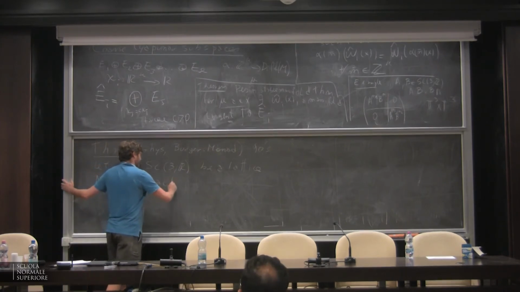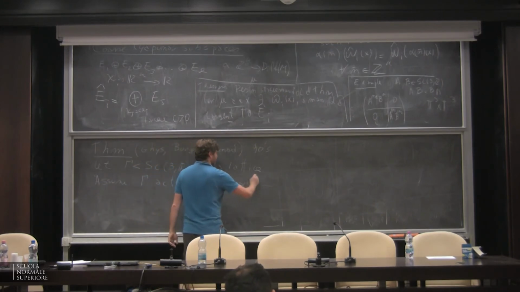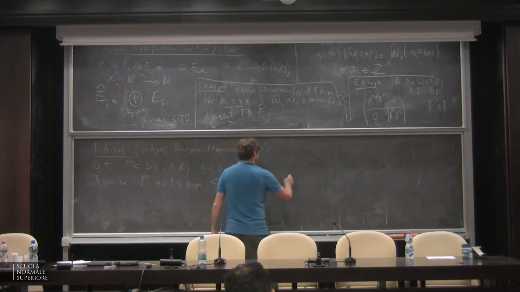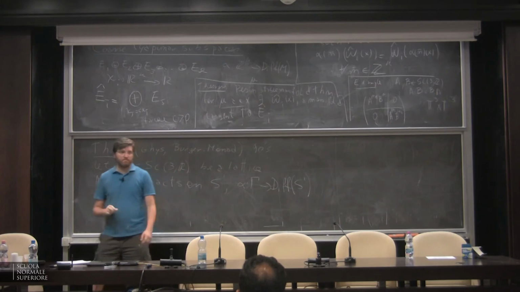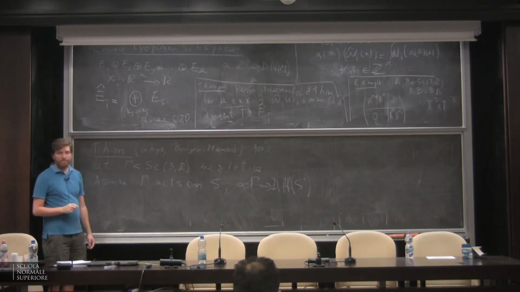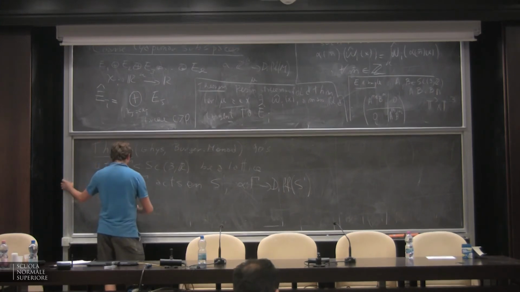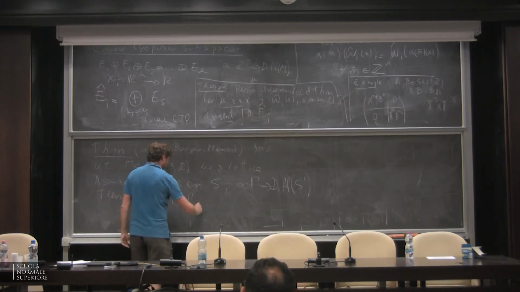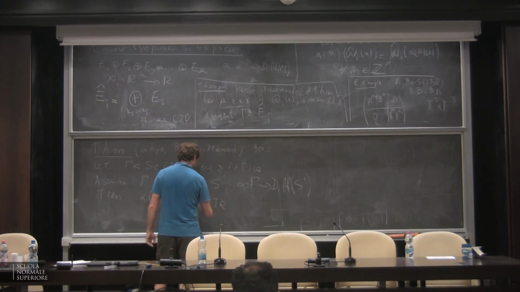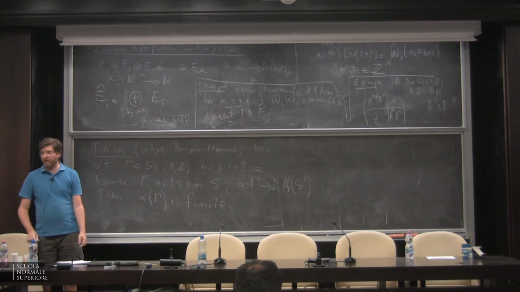gamma acts on S^1. Alpha from gamma to diffeomorphisms of the circle. Then alpha of gamma is essentially a trivial action.